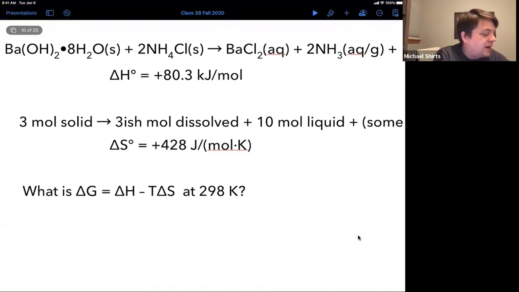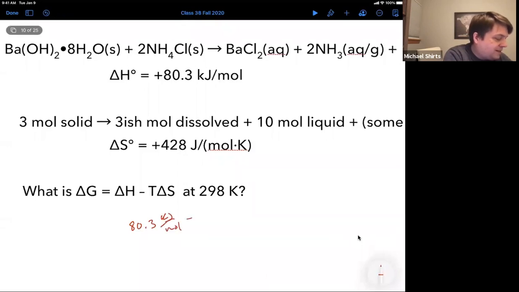So let's plug in and see what the change in free energy is at 298 Kelvin, where we do this experiment. So it'd be 80.3 kilojoules per mole minus temperature 298 K times the entropy, and I'm going to convert this from joules to kilojoules because we're going to be adding it to something that's in kilojoules: 0.428 kilojoules per mole Kelvin.